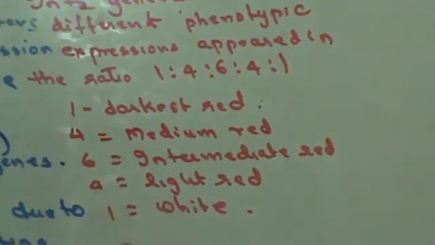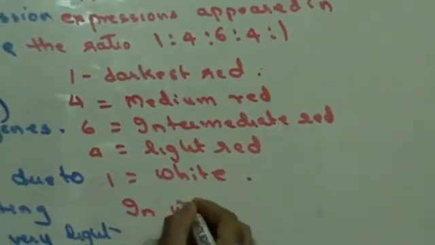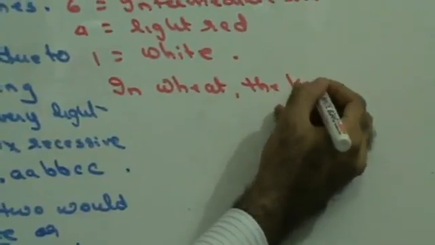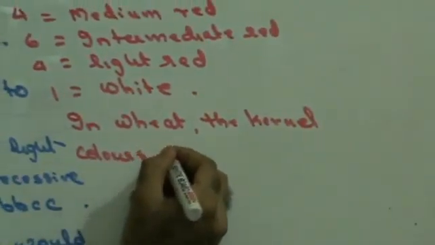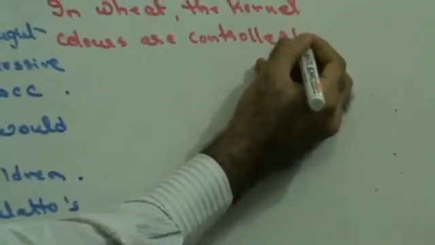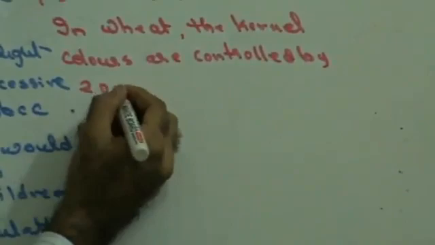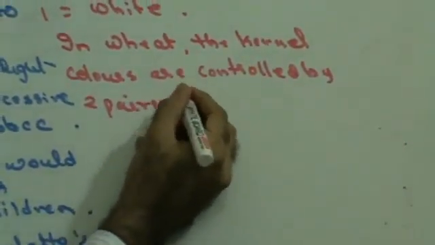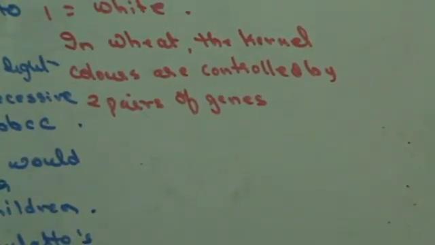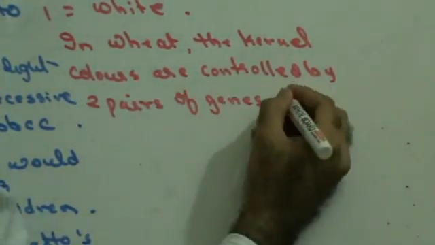Now let's see why we got this. In wheat, the kernel colors are controlled by 2 pairs of genes, that's your AA and BB.